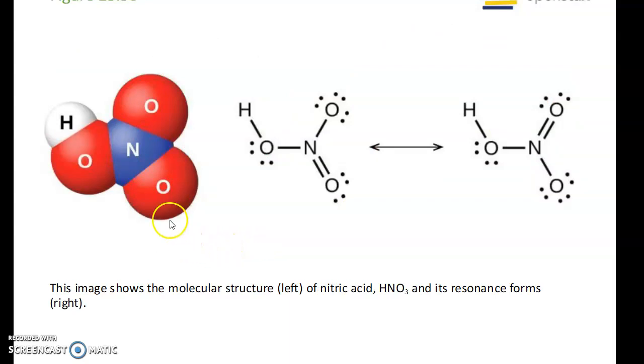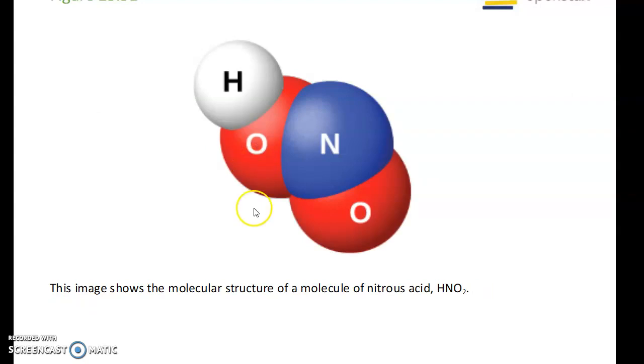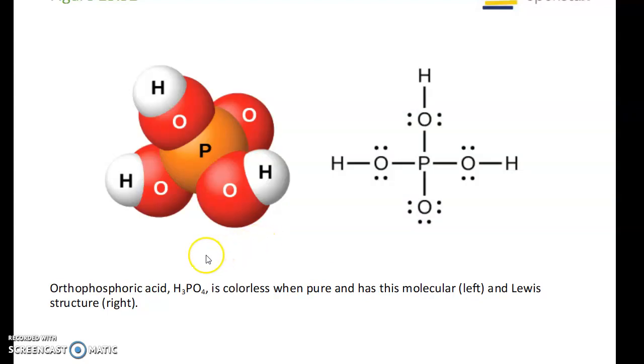This right here shows nitric acid, okay, and you can see 1 hydrogen atom associated with oxygen here, nitrogen with 3 oxygens around it, and it has these 2 forms right here. If you have the nitrous acid, what that means is you only have 2 oxygens associated with it. And this is orthophosphoric acid, so this is 4 oxygens and 3 hydrogens.